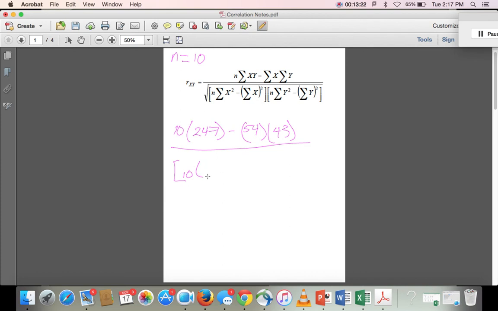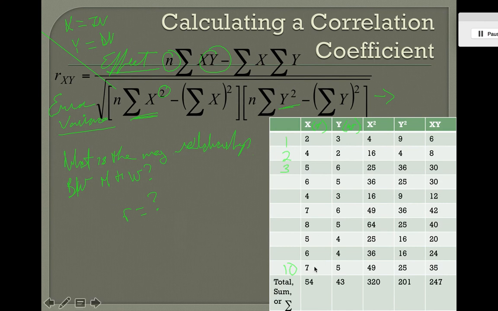So we already know what x squared was, and now we're just going to take the sum of that. We already knew what all our x values squared were. We added those up. That gives us a value of 320 minus 54 squared. Because remember, our sum of x in our particular case was 54, and now we're squaring that value, because the sum of x is what's in parentheses first, and then we do what's outside of the parentheses second.